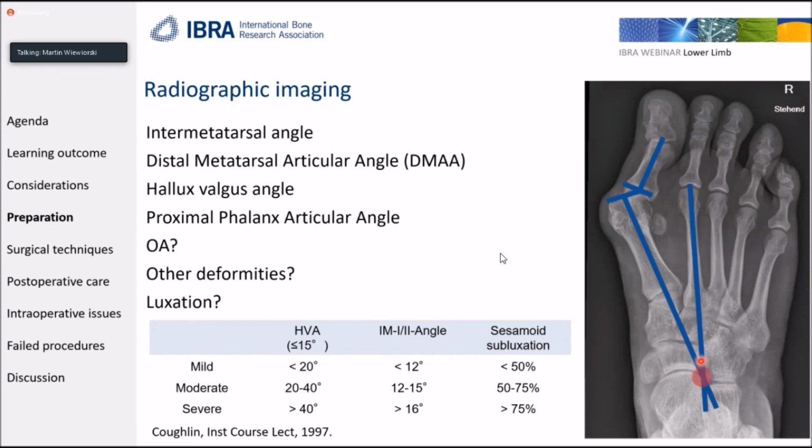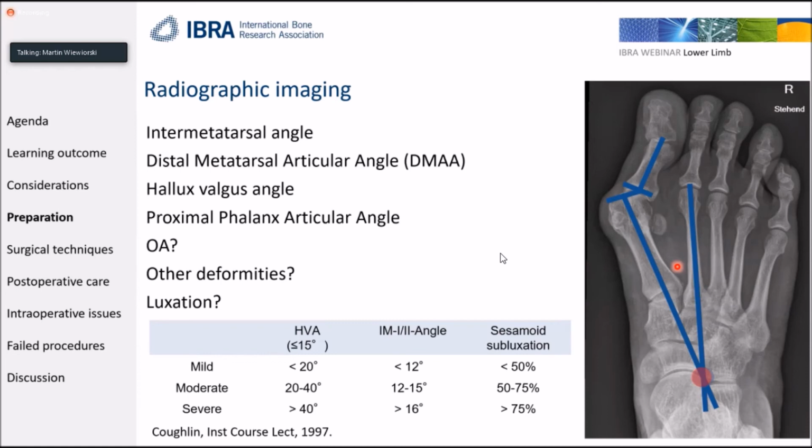Other measurements you can take, which are also very important for your operative planning, is the distal metatarsal articular angle, the DMAA, between the diaphysis of the first metatarsal and the articular surface of the first metatarsal. Then many people always focus on the hallux valgus angle. I don't think that's actually that important. This is never really a problem to correct.